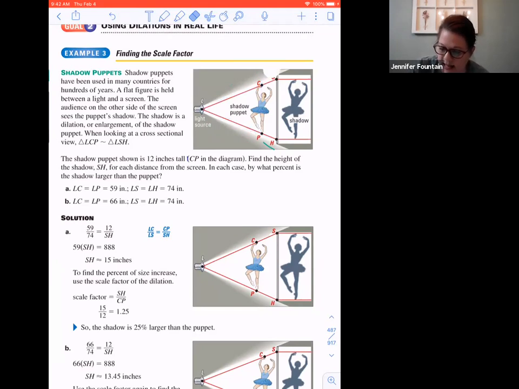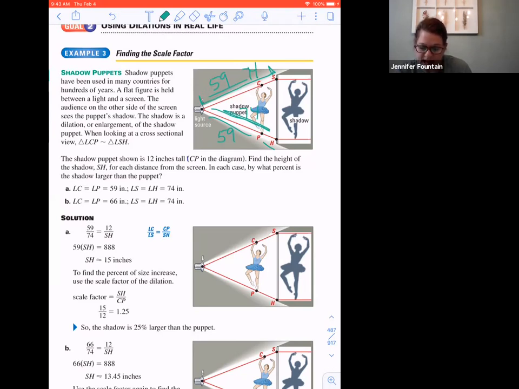So they said that LC is equal to LP, and those are both 59 inches. And then LS, which is going to be my total side, is equal to LH, and those are each 74 inches.